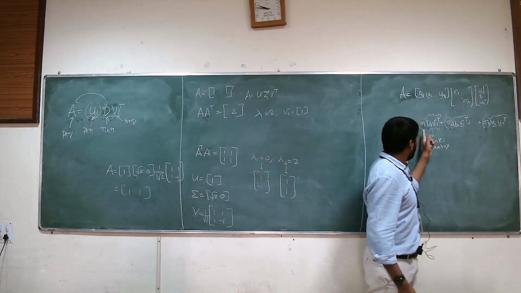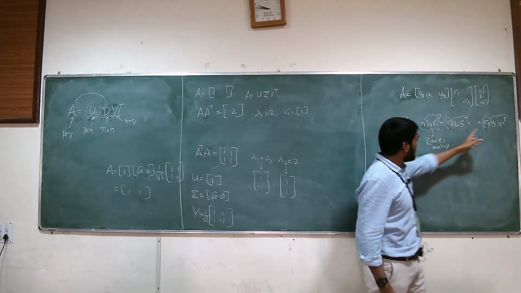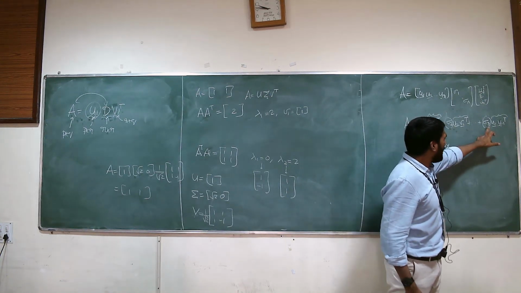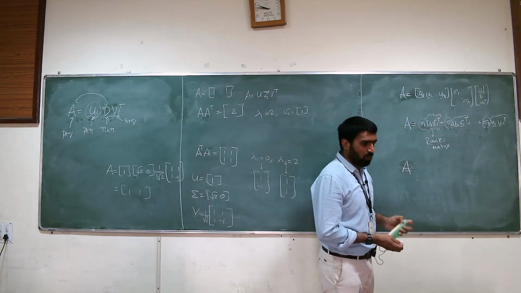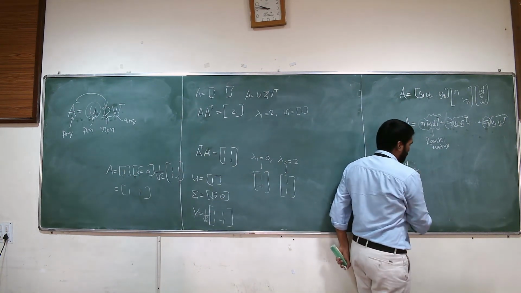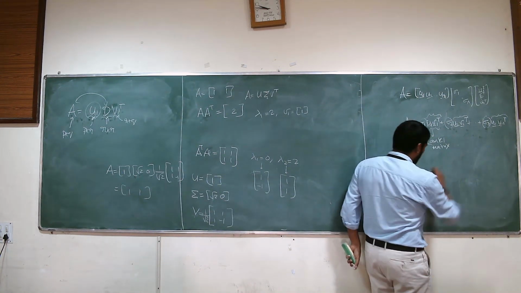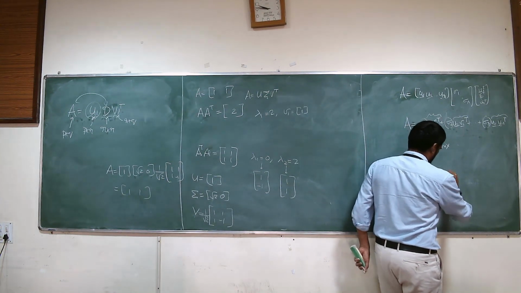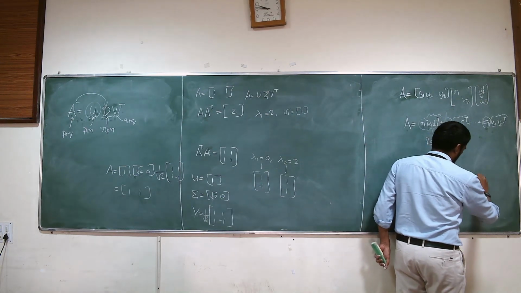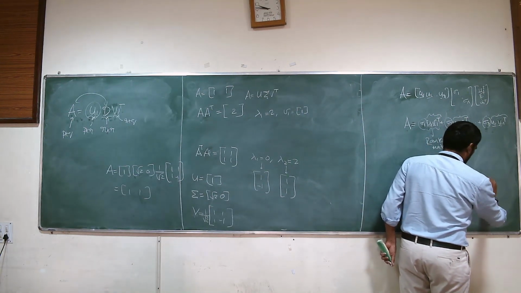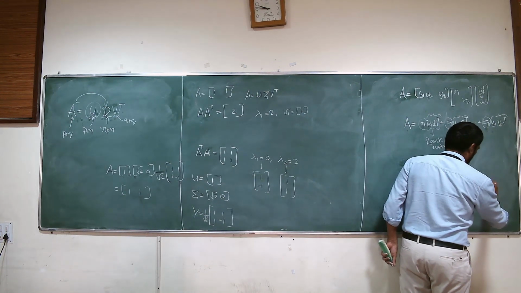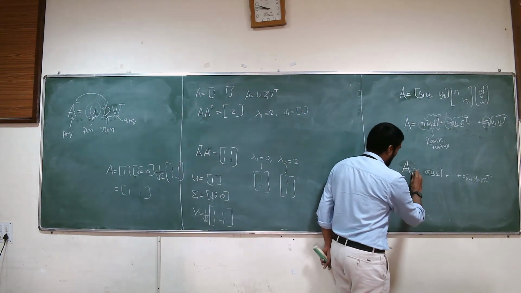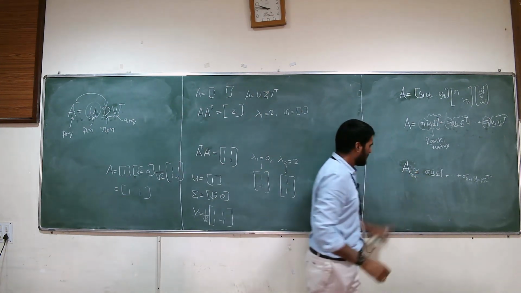Because we followed the convention that the sigma i's are written in decreasing order, if sigma R is very small compared to, let's say, sigma 1, then a very good approximation of A would be simply the first R minus 1 terms. What is the rank of this matrix? I'll call it A R minus 1. What is its rank?